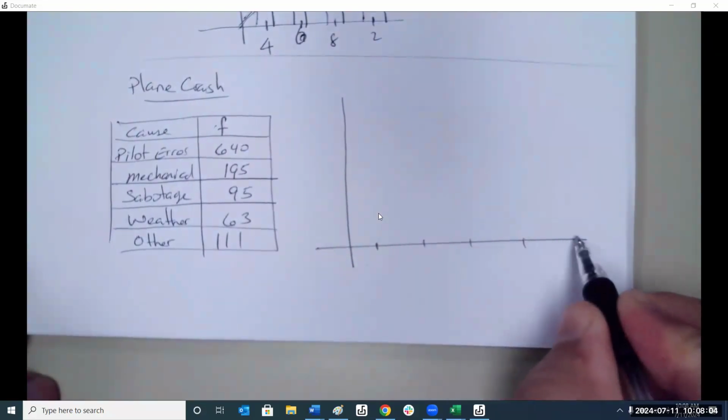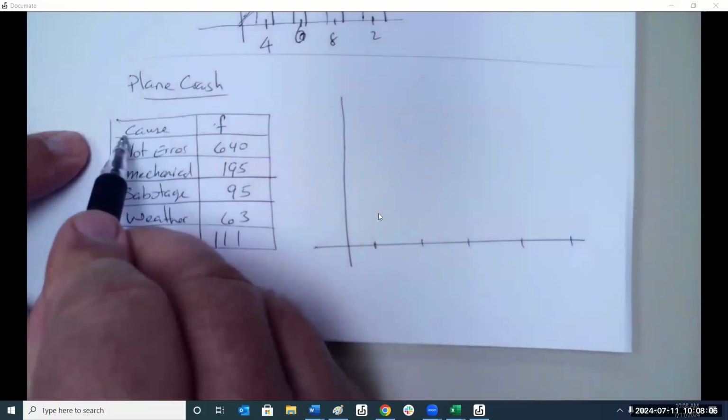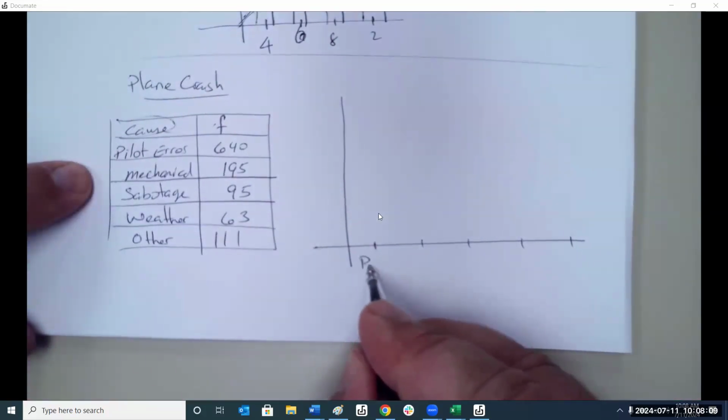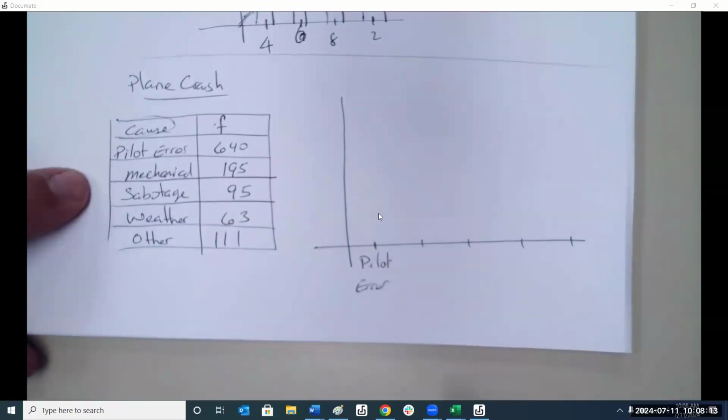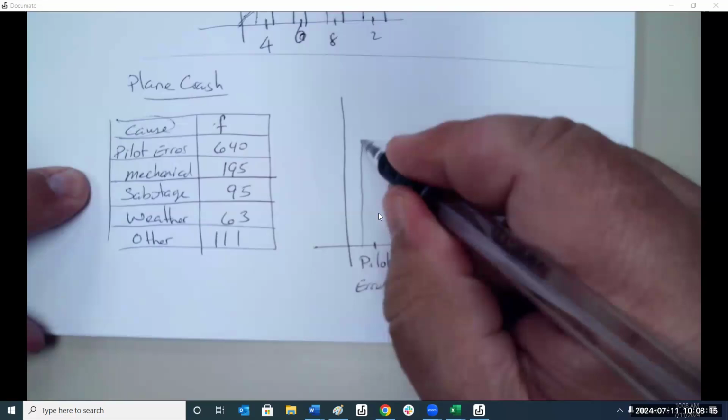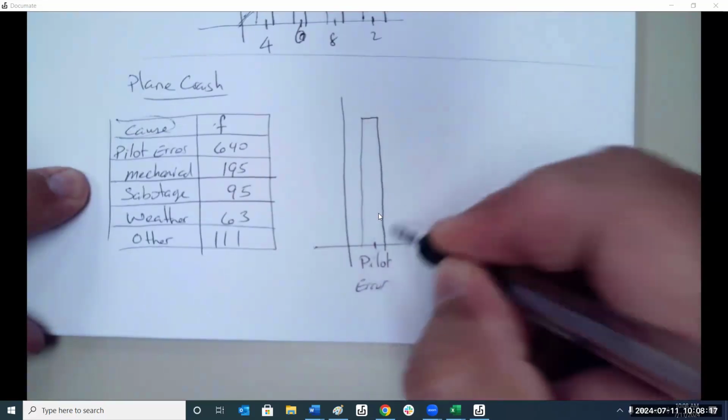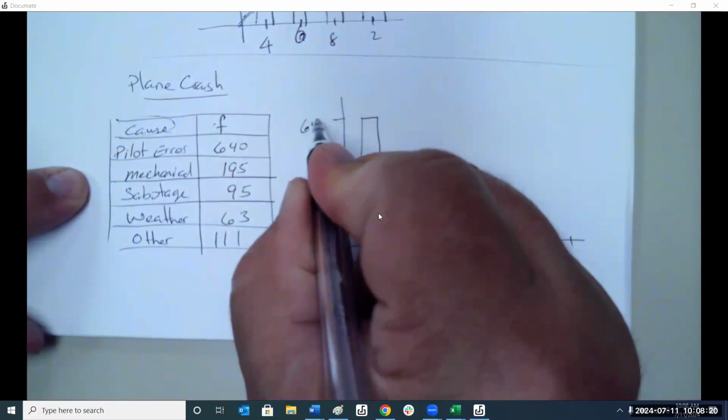So on the horizontal, we put the causes. So we have pilot error, and it goes up to 640.